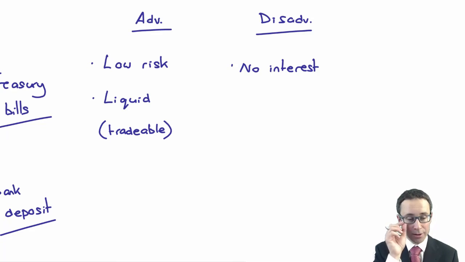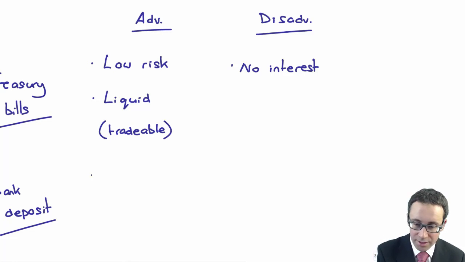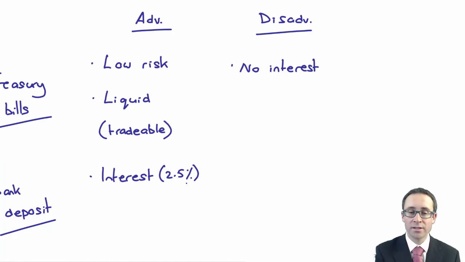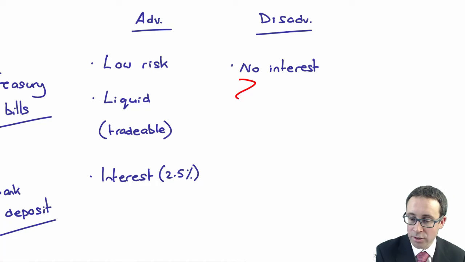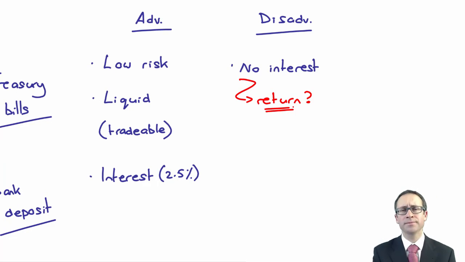With regards to the bank deposits, I suppose the advantage there is that you do receive interest, don't you? So I think in this instance it was 2.5%. There may be no interest, but on the treasury bill, you do get a return, don't you? Okay, you can have a look and you could work that through, couldn't we?